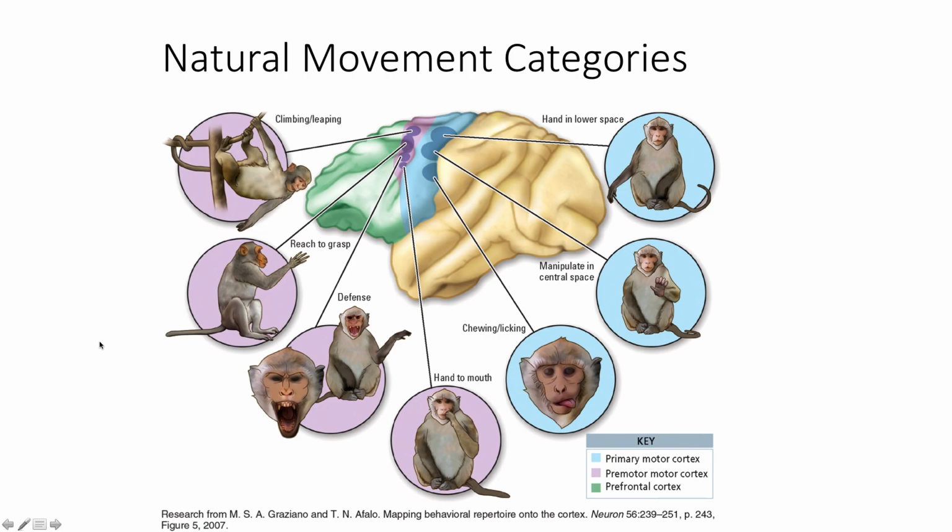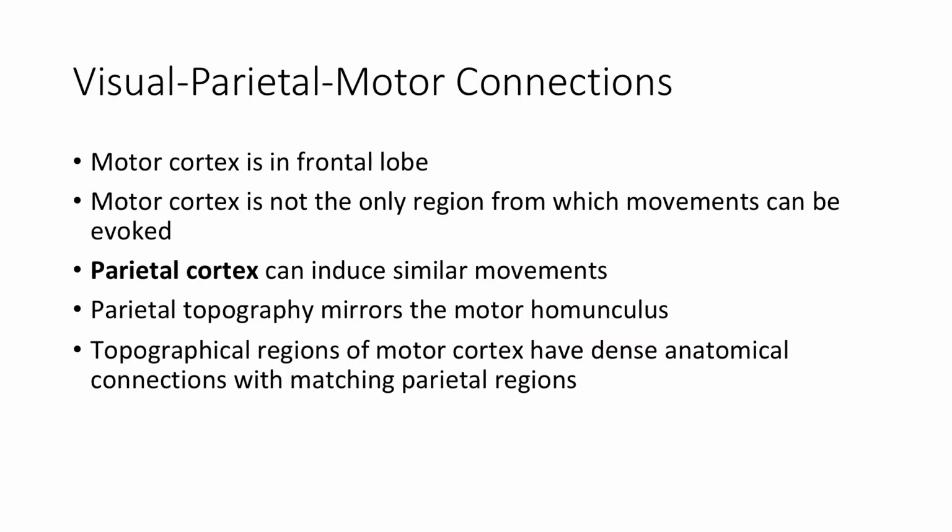What I want you to take home from this slide is that the primary motor cortex is necessary for simple movements, and you also need your premotor cortex for more difficult movements where you need to plan ahead.